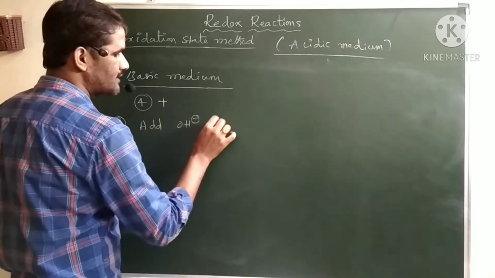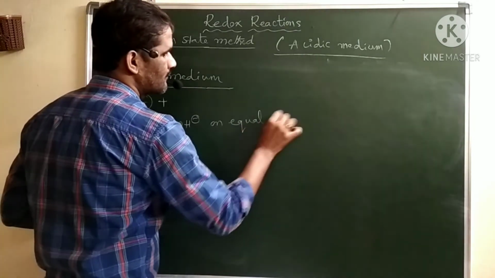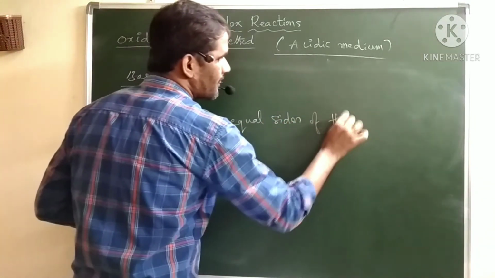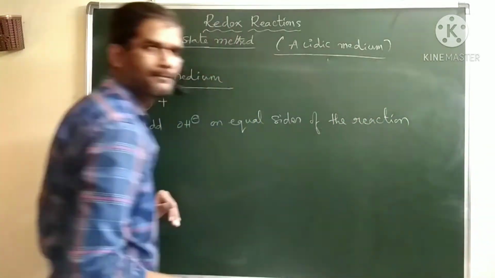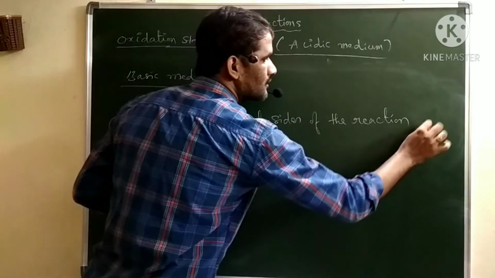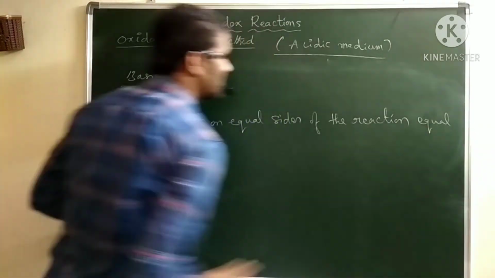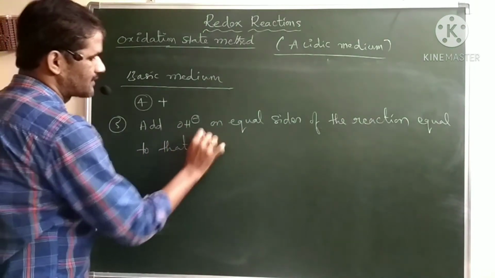Add OH minus on both sides of the reaction, equal to the number of H plus ions.